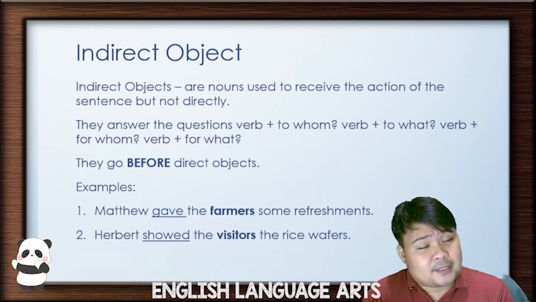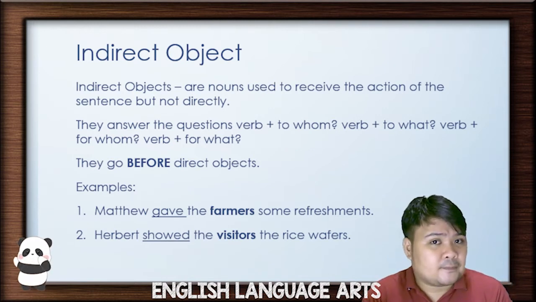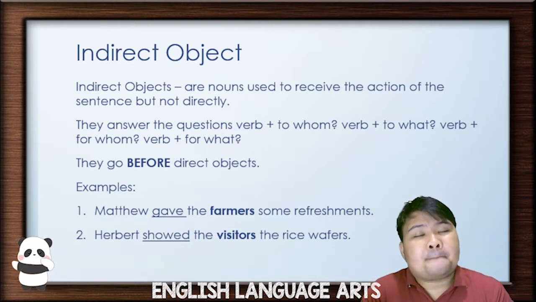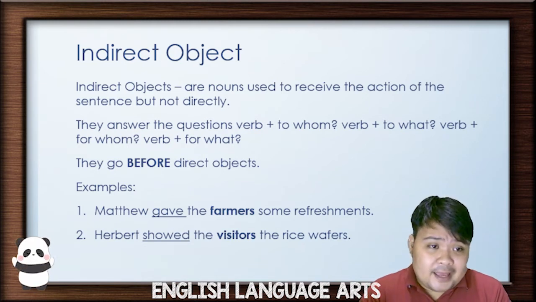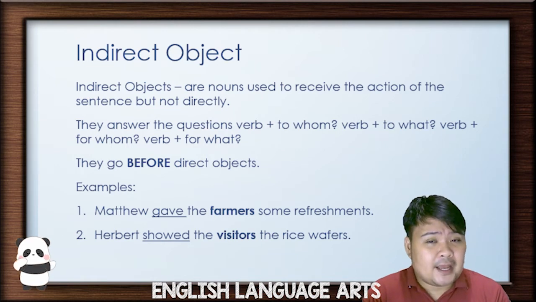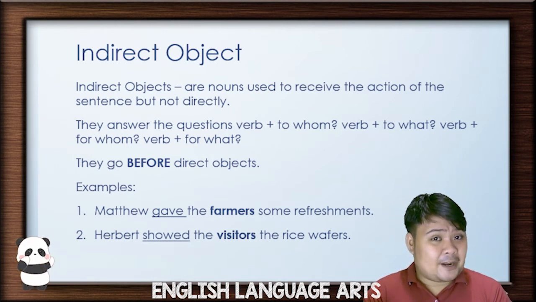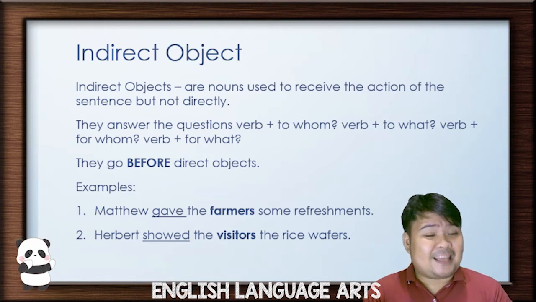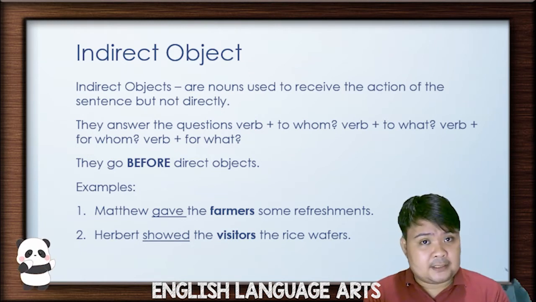that receive the subject or the verb that receives the action, but not directly. Indirectly. They have to come before the direct object. Why before? If the indirect object is after the direct object, it's not anymore indirect, right? Of course not. Remember the term indirect? It isn't directly going to it.